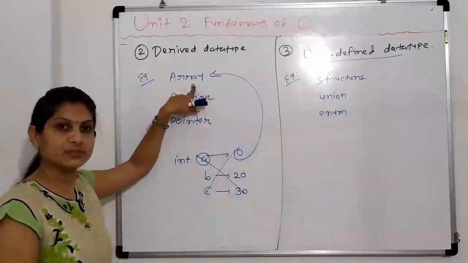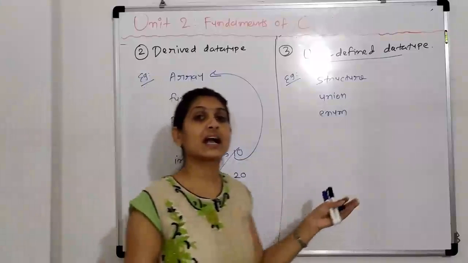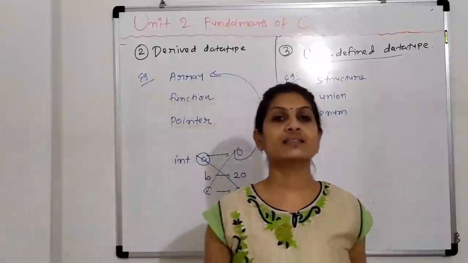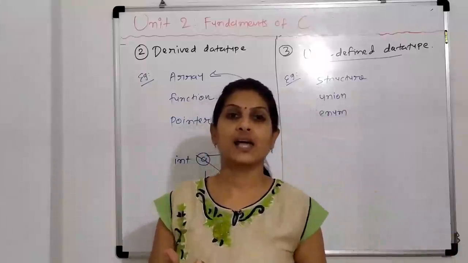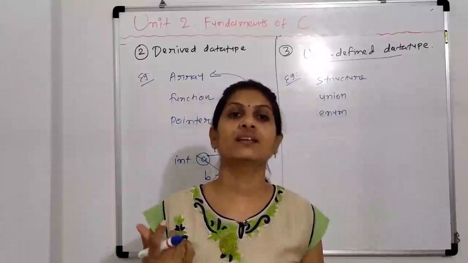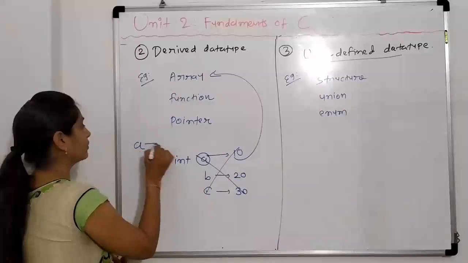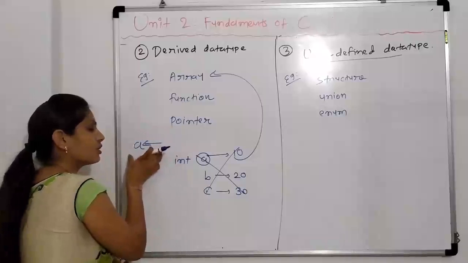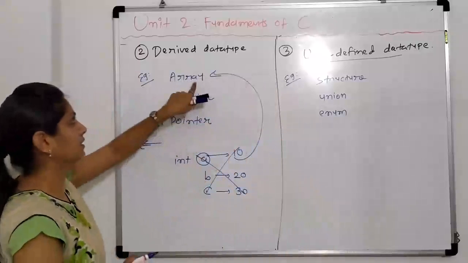This is our chapter, array. So what does array mean? It is a collection of data. It is a collection of elements with the same data type using a single name. Inside a single name, you can store a collection of data, that is multiple data. That is nothing but an array.